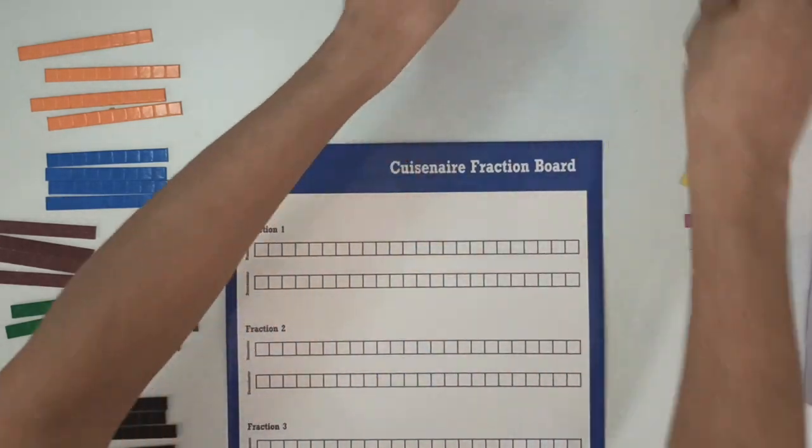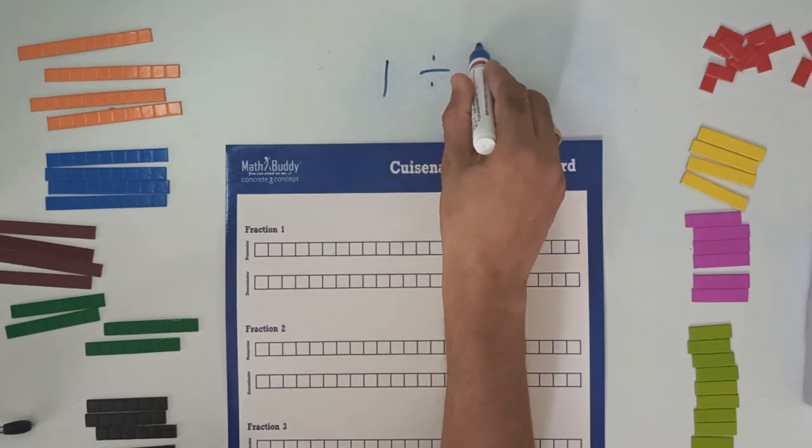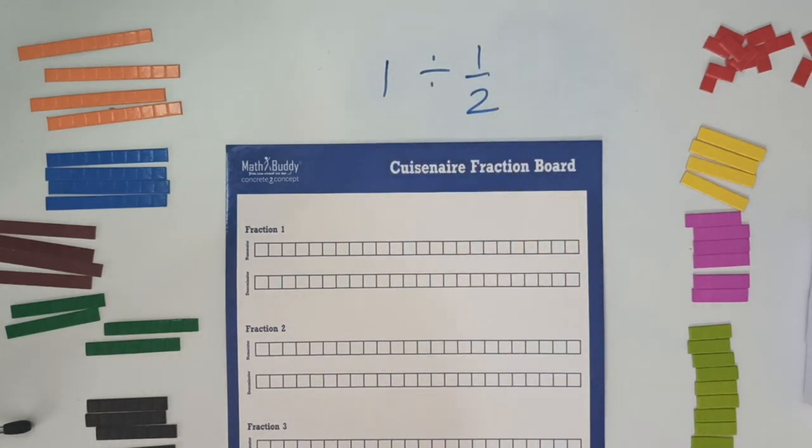So let's say that I want to talk about 1 divided by half, right? This is as simple as saying how many halves are there in 1, right? So when we talk about fractions, 1 means a whole, right?